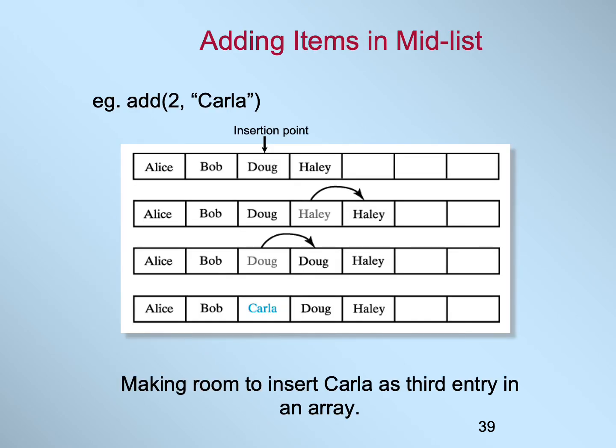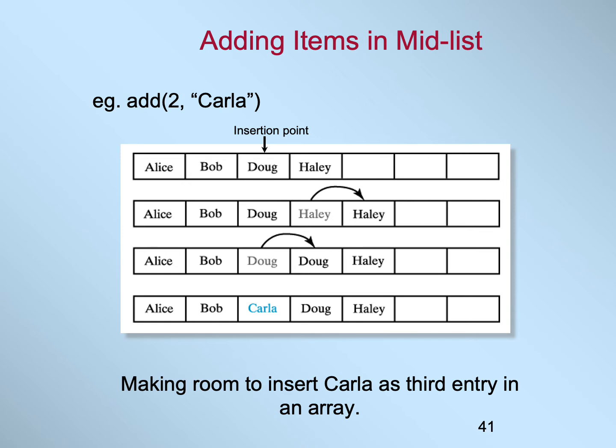Adding items in the middle of the list. For example, the method that we use is add, and then we have our index, for example here is 2, and the value that we want to add at index number 2 is Carla. Initially, in our list, we have Alice, Bob, Doug, and Haley. So now we want to add Carla at Doug's position, which is at index number 2.